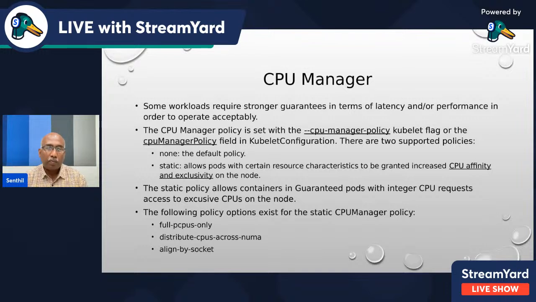Pod admission is the step in which the kubelet will perform some checks and see whether the pod can be admitted into that node or not. Once kubelet determines the pod can be admitted, it creates the pod sandbox, and then it coordinates with the CRI to allocate resources. In this case, let's say CPU resources.